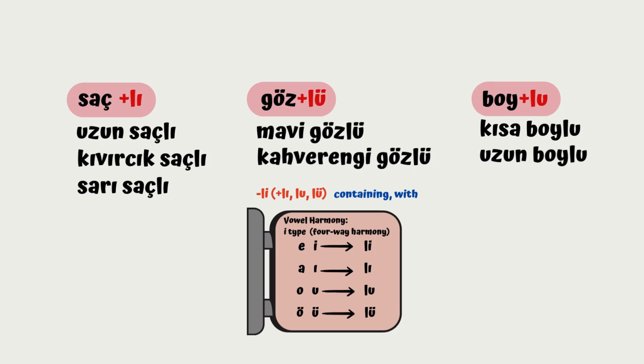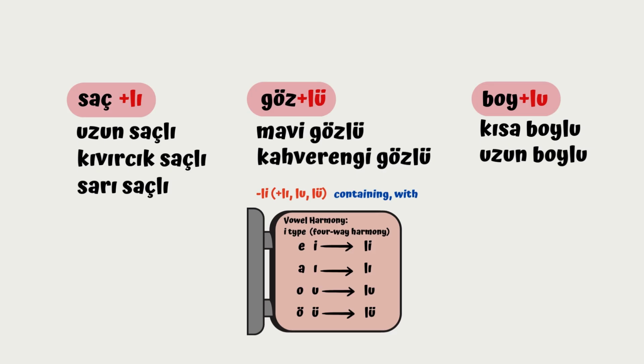So saç has a as the last vowel, so we cannot put li, but we have to put lı. So it becomes saçlı. We can use it like this. For example, uzun saçlı, which means someone with long hair, or kıvırcık saçlı, someone with curly hair, or sarı saçlı, someone with yellow blonde hair.